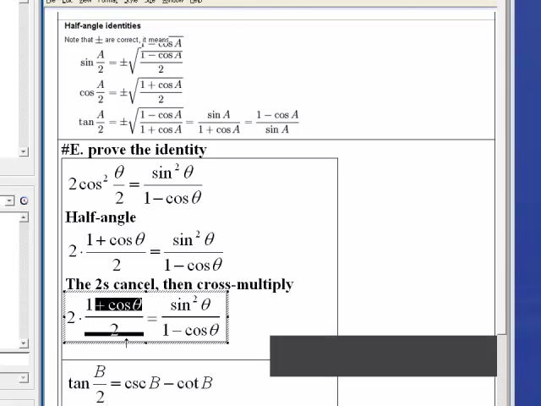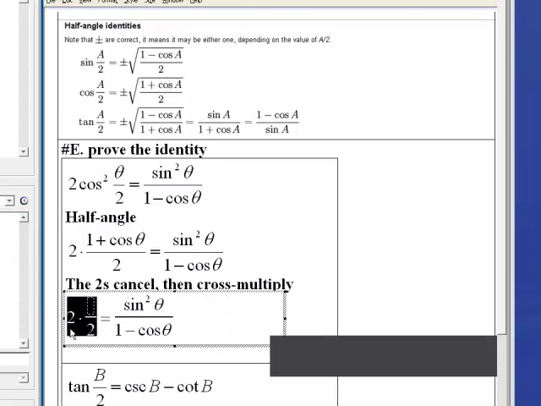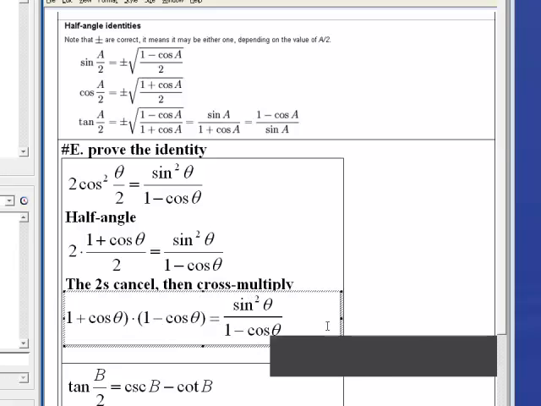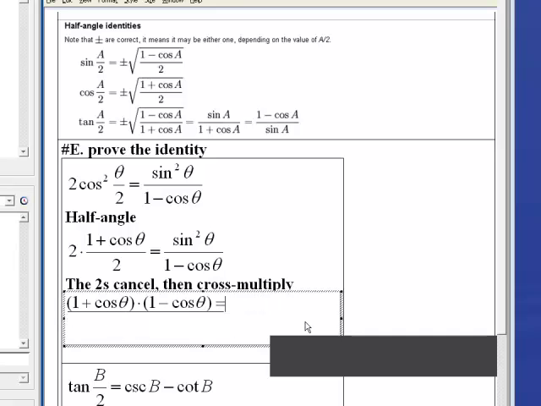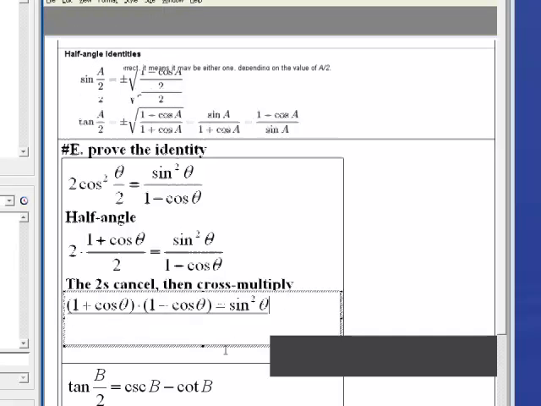So after the 2's cancel on the left, we have this here on the left. Then we multiply with this one here. And then, of course, on the right-hand side, we just have the sine squared theta after we had multiplied with the denominator.